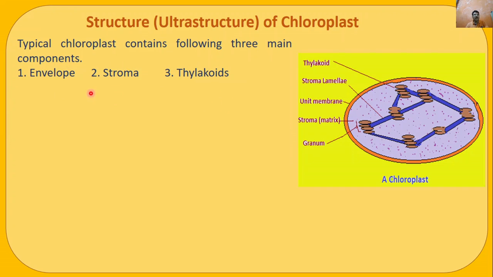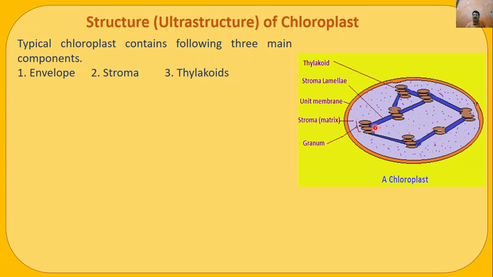Let me introduce you to all these parts. The envelope, this orange colored part shown in the diagram, is nothing but the envelope. Stroma, this empty space, is nothing but the stroma. What is the chemical composition of stroma?